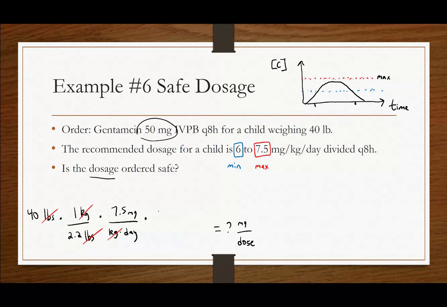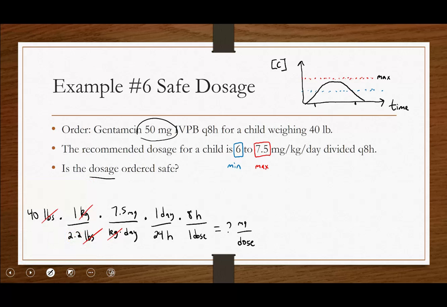For instance, every 1 day is going to have 24 hours, and every 8 hours we're going to have 1 dose. So with those conversions included, we'll eliminate the day unit and hour unit, leaving me with my desired unit of milligrams per dose.